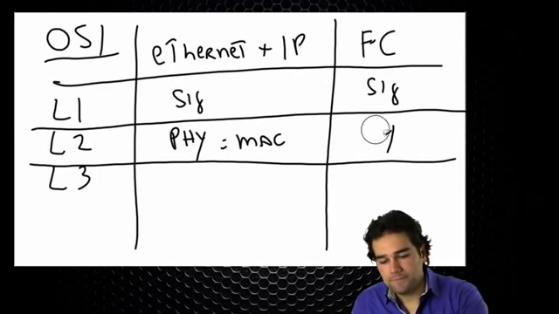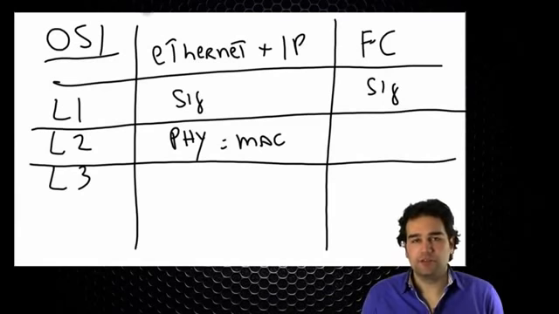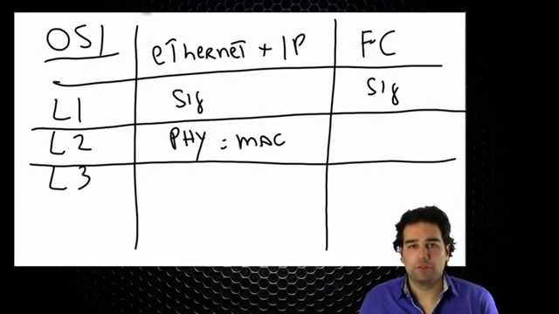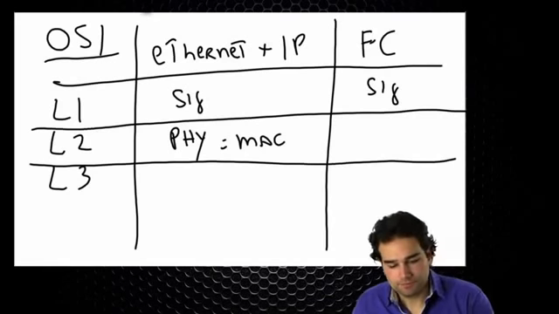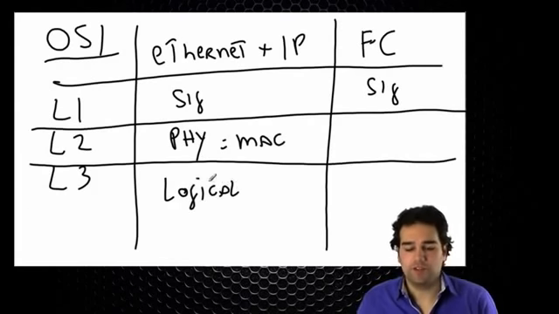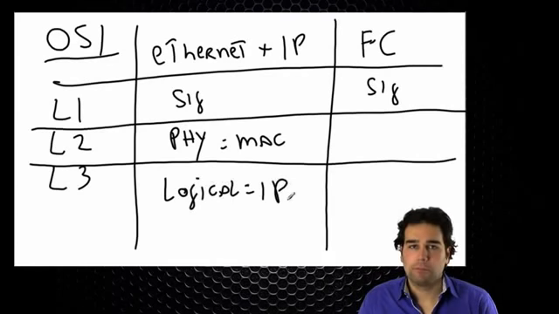So a lot of people say, all right, the only addressing information in a Fibre Channel frame, that's my layer 2 information. But coming back to the Ethernet side, on Ethernet and IP, on layer 3, I configure my IP address, right? And my IP address is a logical address.